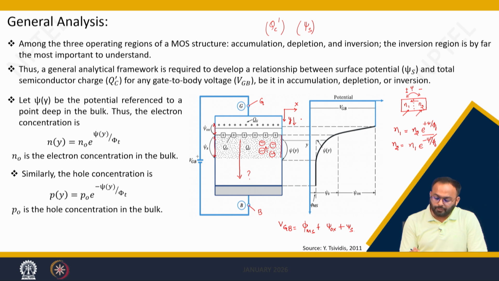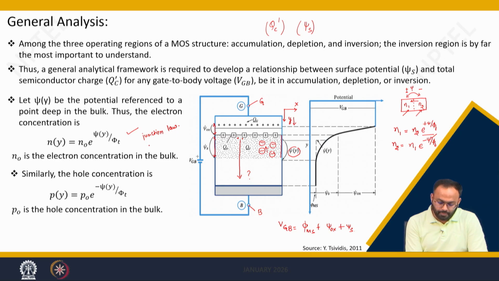We are actually formulating the general formula. So this is psi y, and hence the electron concentration near the surface is ny equals n naught exponential of psi y by phi t. Again, this is based on the junction law.